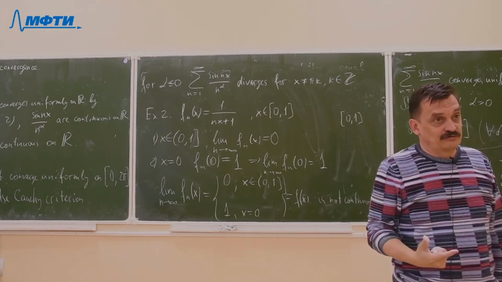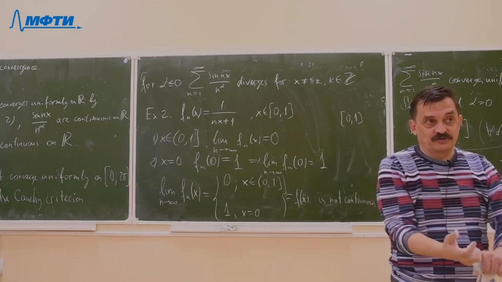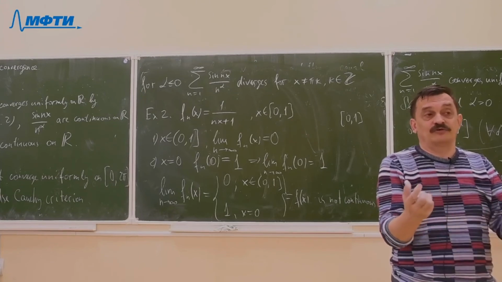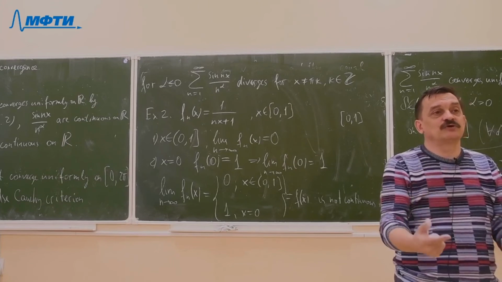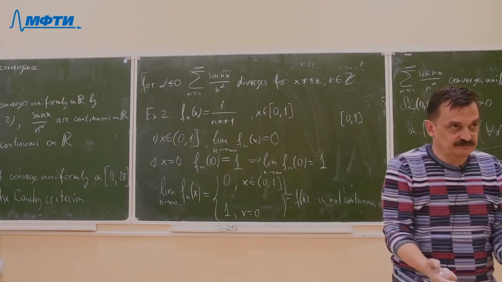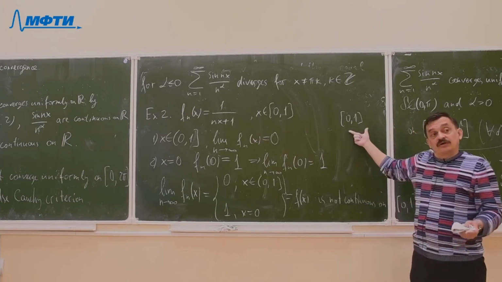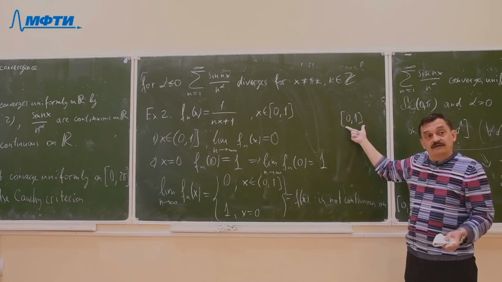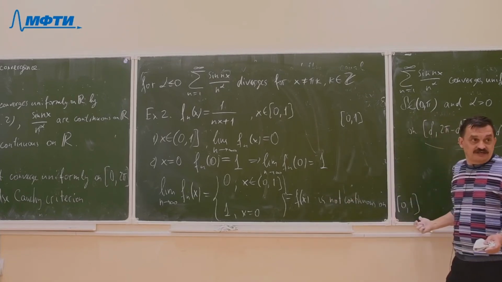According to theorem 1 prime, uniform convergence of a sequence of continuous functions implies continuity of the limiting function. So, uniform convergence would imply continuity of f on [0, 1], but f is not continuous.